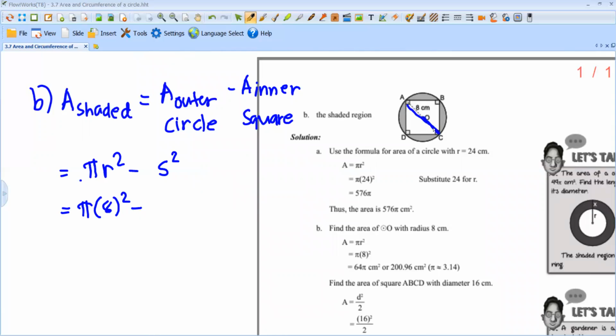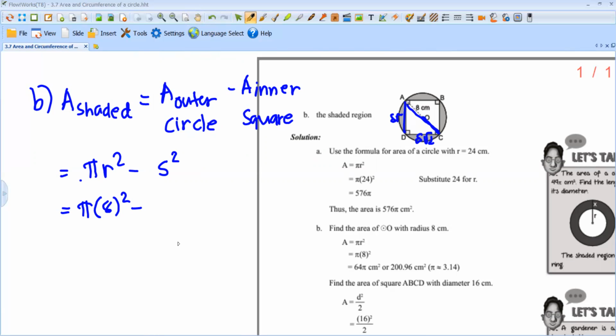This one is the same as this. Let us see. If that is 8, I will try to prove that this is also 16, okay? So 16, 16. Since this is 45 and 45, this is 8 square root of 2 and 8 square root of 2. So 8 square root of 2 squared.